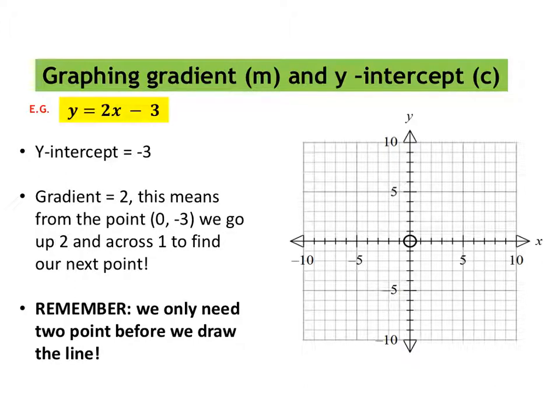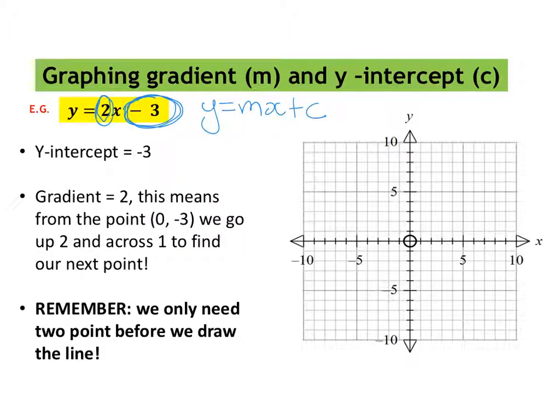So, over on this next slide, I've identified that my y-intercept is this bit here. So I'll write that general form down again. So remembering that that sign in front of the c value is attached to that c value. So our y-intercept is -3, and our gradient is this bit here, which is 2.